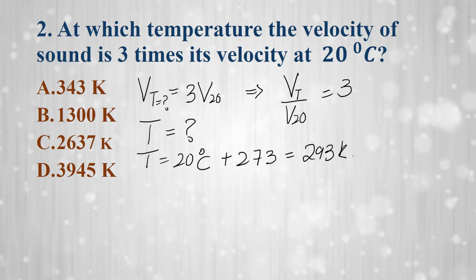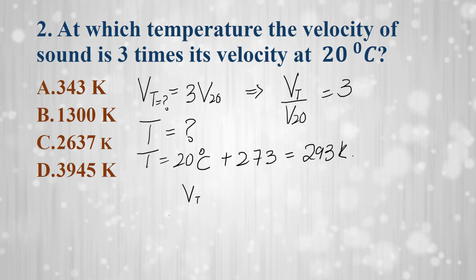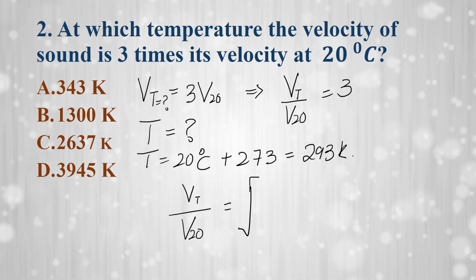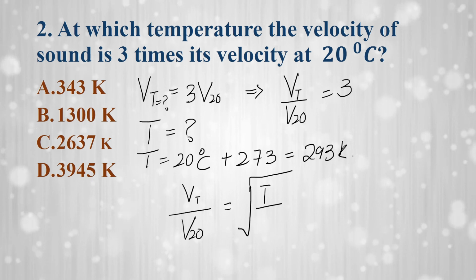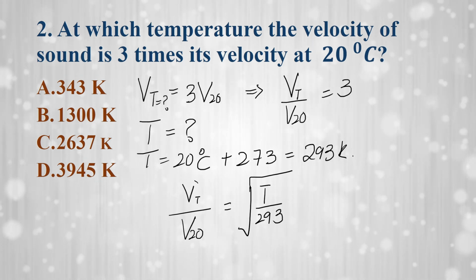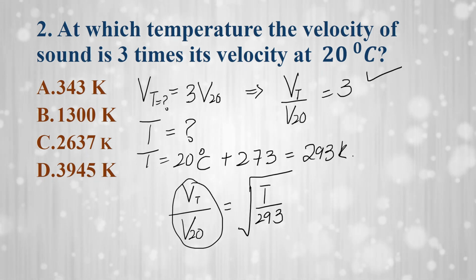It becomes 293 Kelvin. So students, if you recall your previous knowledge, the formula is that the ratio of the velocities is equivalent to the square root of the ratio of the temperatures. So the ratio is equivalent to 3, that is the given condition.